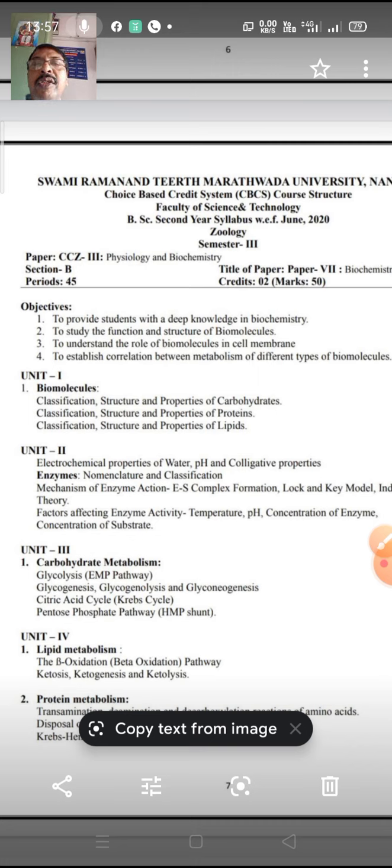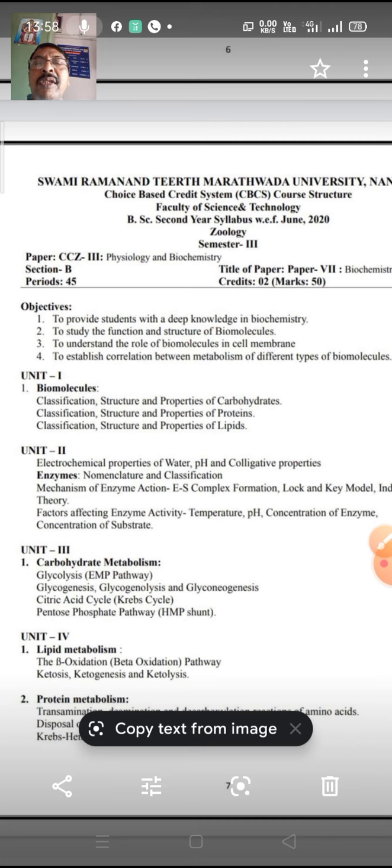In the first unit, before that you must know the aims of this syllabus. The first aim is to provide the students with deep knowledge in biochemistry. The first year students, we just passed out the first year and came into the second year, they know about the introductory part or some part of biochemistry.